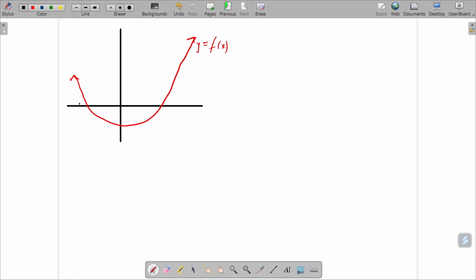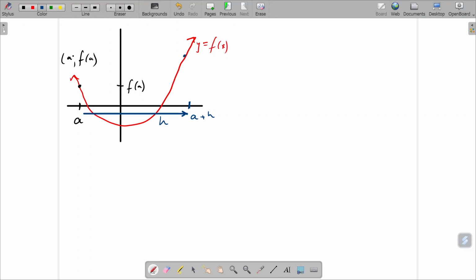I'm going to call this point here point A. That means that this point here is point f of A. In fact, this point's coordinates will be A and f of A. But what is key here is that I'm not going to talk about this point as a point in its own right, but as that point which is h distance away from A. Which means if it is h to the right of A, this is now the point A plus h.